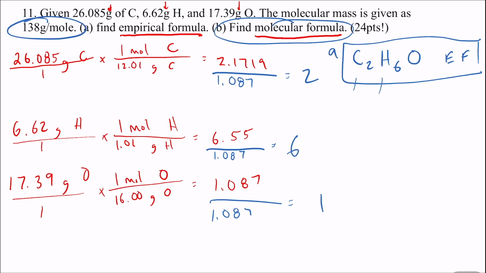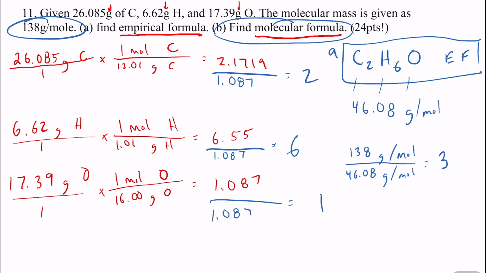Okay, B, it says find the molecular formula, and they gave us that mass there. So we need to figure out the molecular mass of this, and it happens to be 46.08 grams per mole. Okay, we'll put that 138 on top that they gave us. It's going to equal something very close to 3, so we're going to go with 3. It doesn't have to be perfect. It just has to be a whole number, all right?